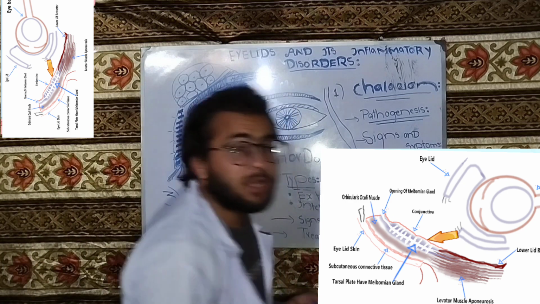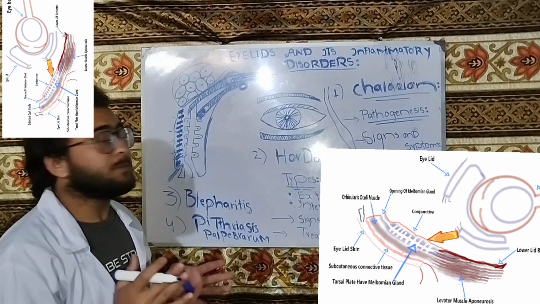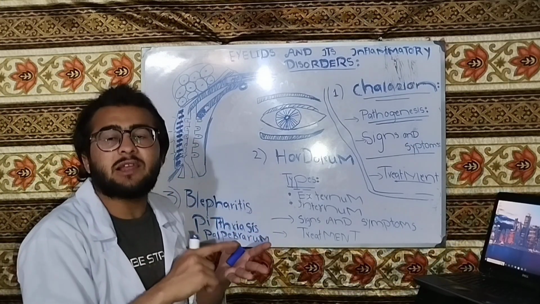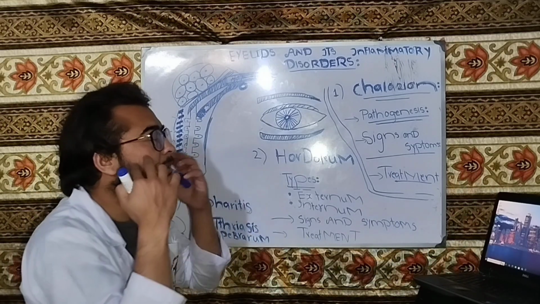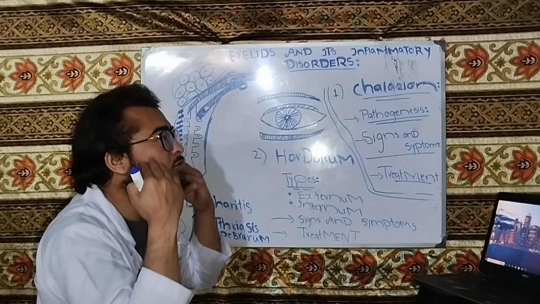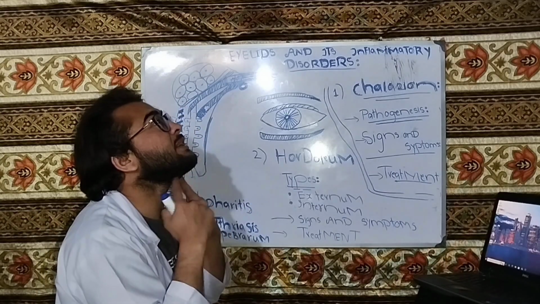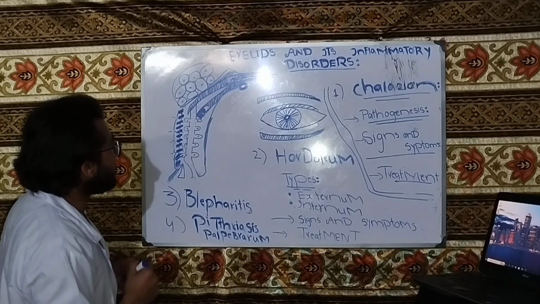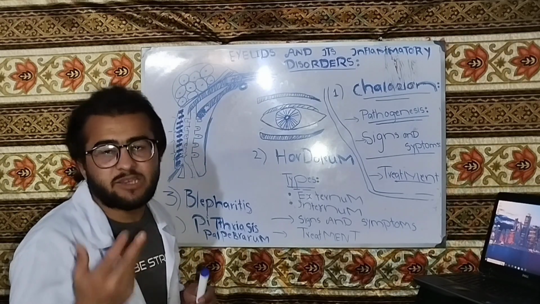So this was the structural anatomy of the eyelid. The arterial supply of the eyelid is from the ophthalmic artery and the lacrimal artery. The lymphatic drainage is into the pre-auricular lymph nodes and the submandibular lymph nodes. The sensory supply is from the trigeminal nerve.